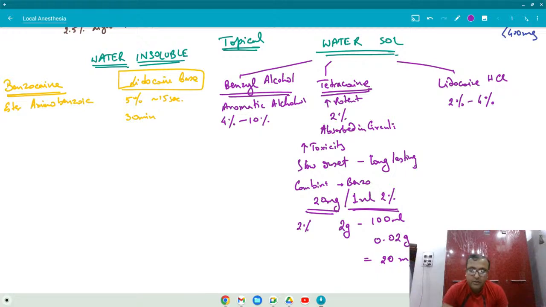All right. But its side effects will also be more. So it has increased penetration capability, and definitely because of the same reason it will have increased toxicity. Remember the maximum recommended dose is 200 milligrams.